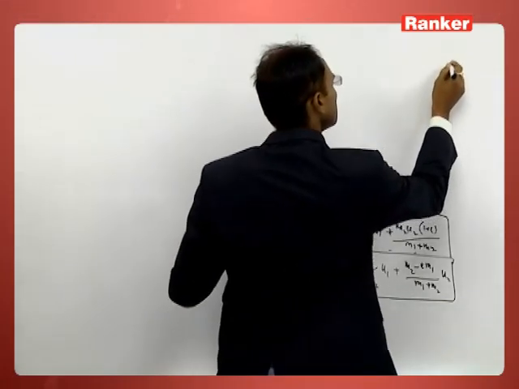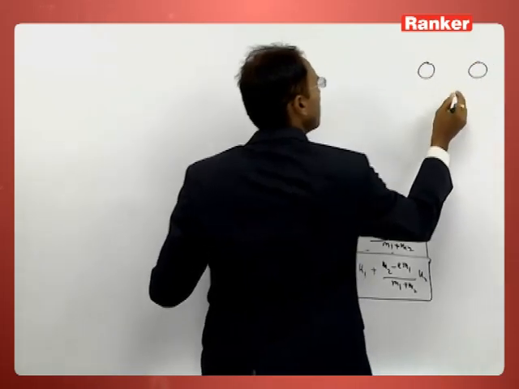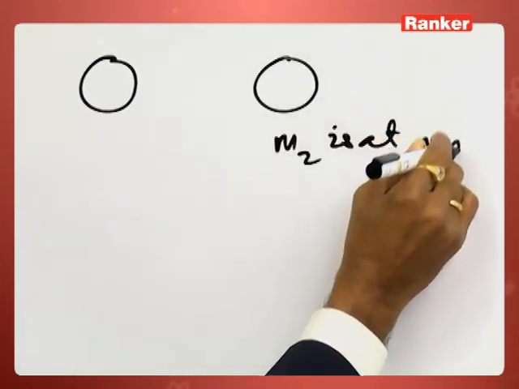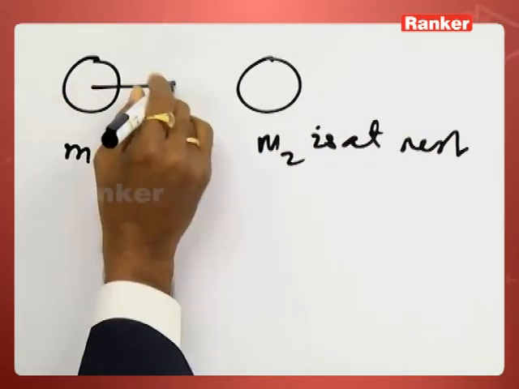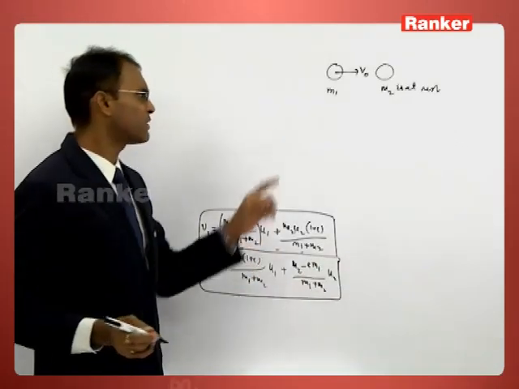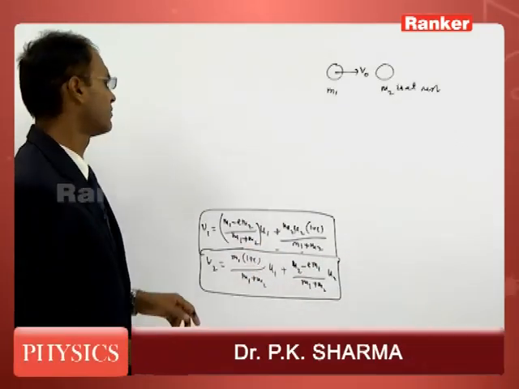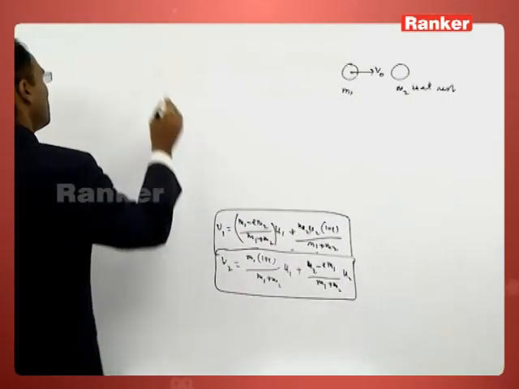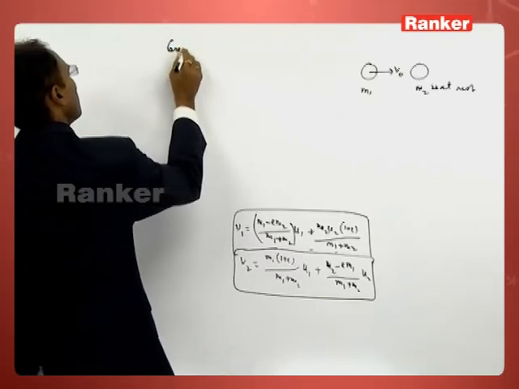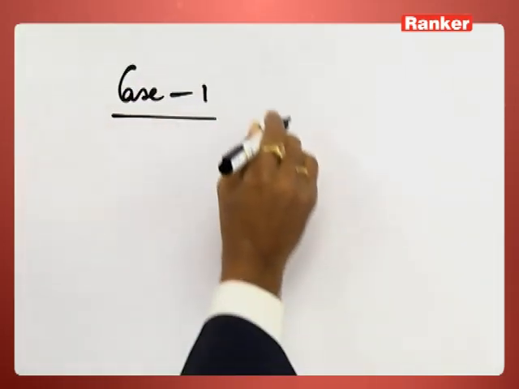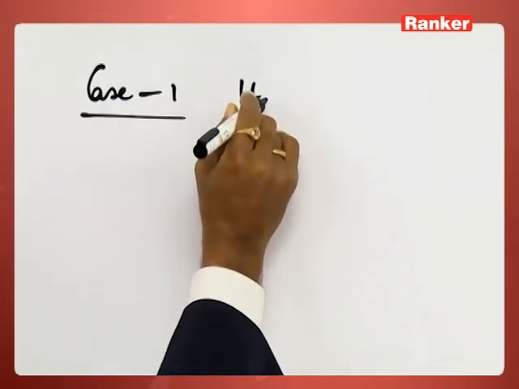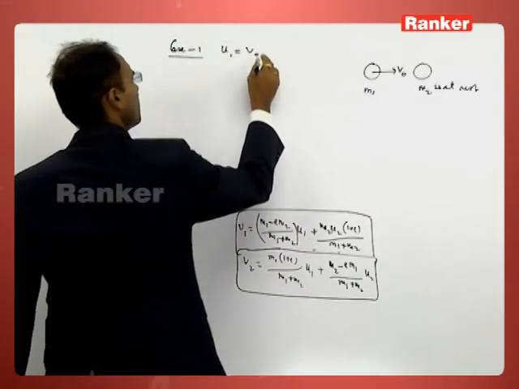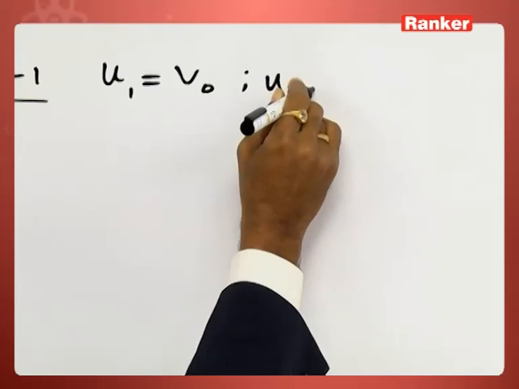For instance, body M2 is at rest and body M1 strikes body 2 while moving along the positive x direction. In this case, you can write U1 equal to V0 and U2 is equal to 0.